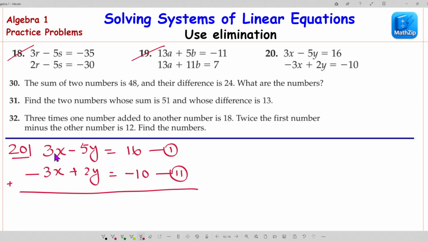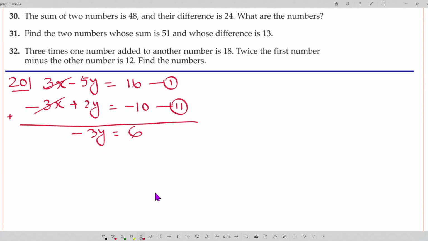So 3x and minus 3x will cancel out, and here minus 5y plus 2y will be minus 3y equals 16 minus 10, which is 6. Okay, so now we can divide both sides by minus 3, so y equals minus 2. Very simple, right?